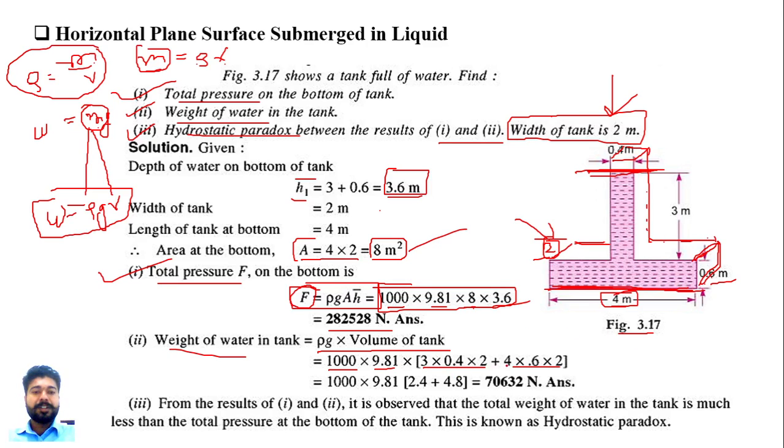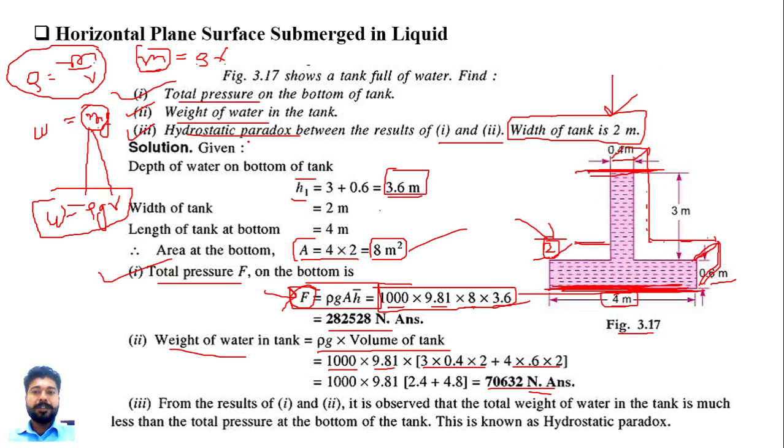By multiplying and summing these two values, we get the weight of water in the tank, 70632 newtons. So that is the weight, and this one is the force applied on the bottom surface.